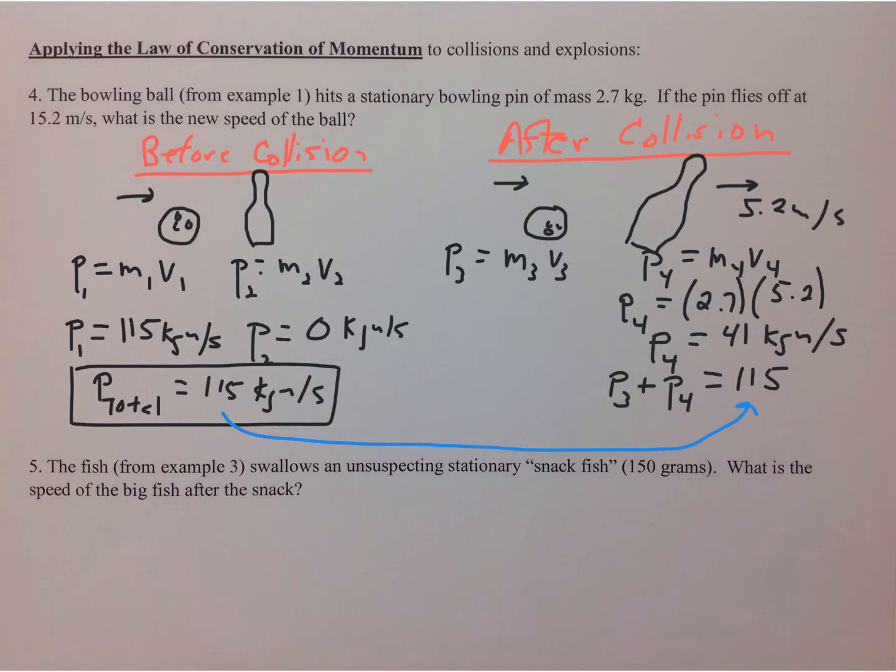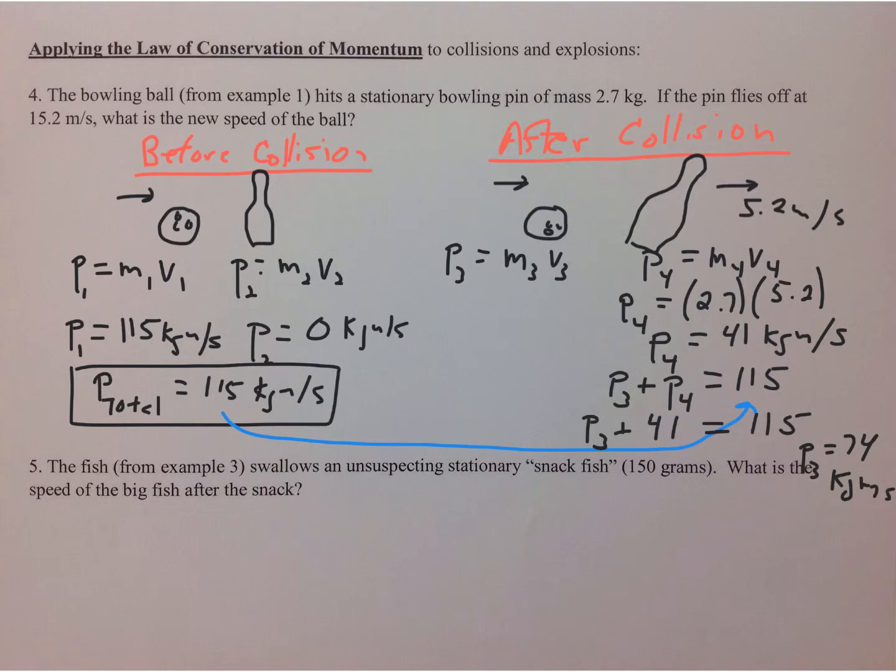So if I know that P4 is 41, what I have here is P3 plus 41 equals 115. That tells me that P3 must equal 74. So P3, if I subtract here, P3 equals 74, and the units are kilograms meters per second.